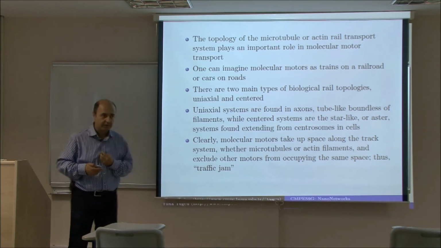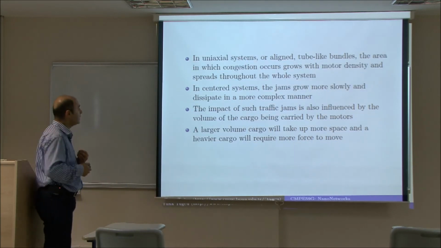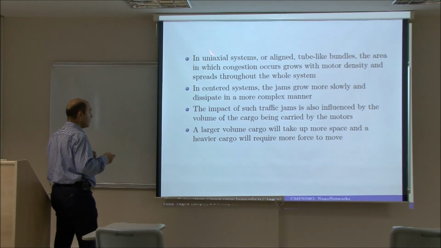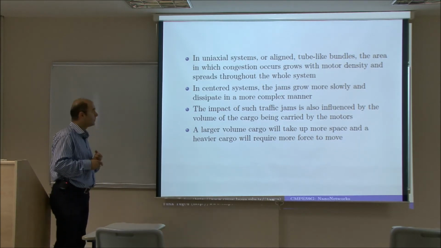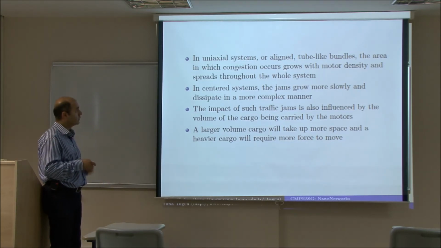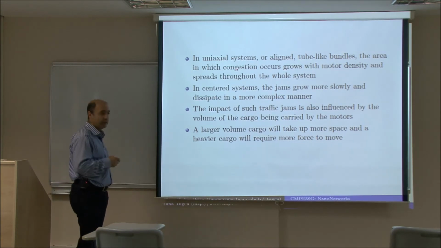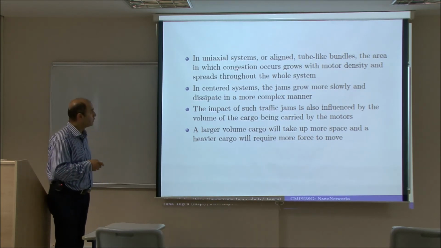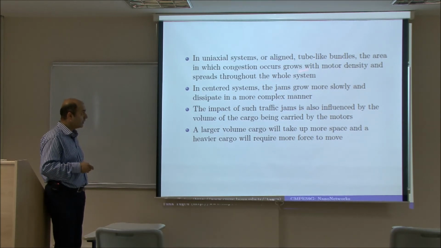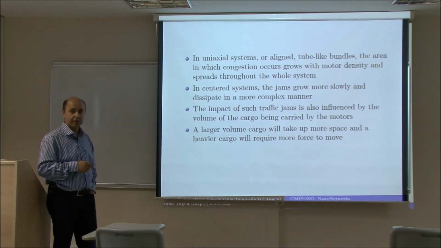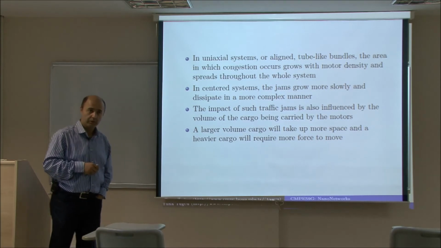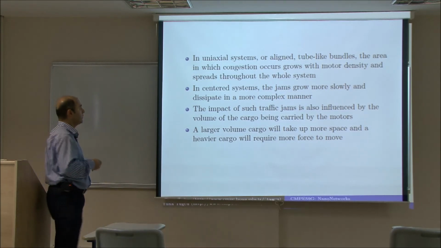Now that proves to be very important actually. In uniaxial systems, which are aligned tube-like bundles, the area where you have that traffic jam, the congestion, grows with motor density. Okay? More motors in some area, of course, you have more jam.